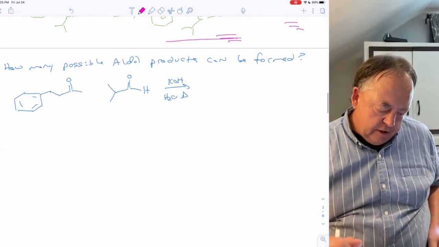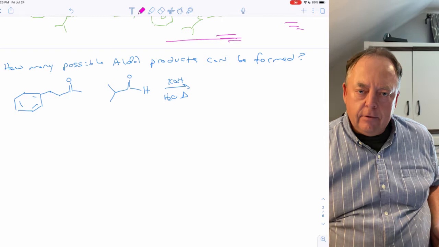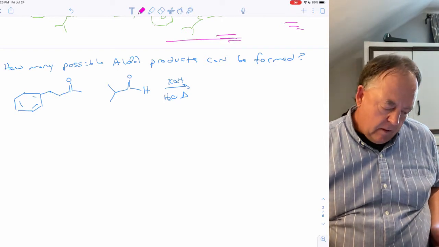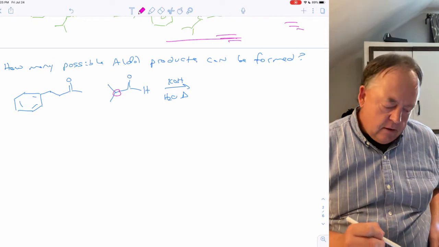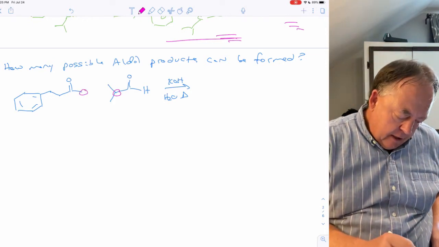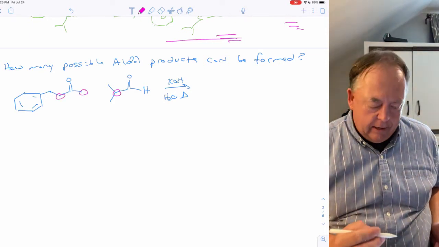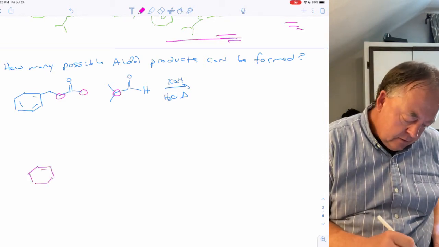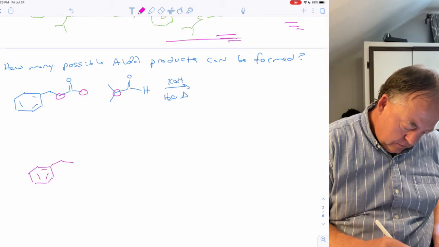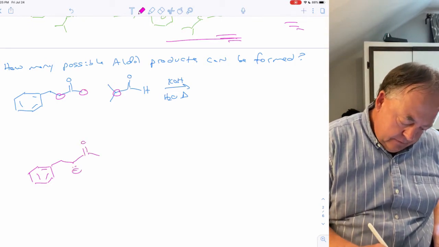Okay, so what if you did this crossed aldol? How many different aldol products can you make? Well, how many different places can you make an enolate? You can make an enolate there, or there, or there, right? At all of the alpha positions that have hydrogens. So you can make that enolate.